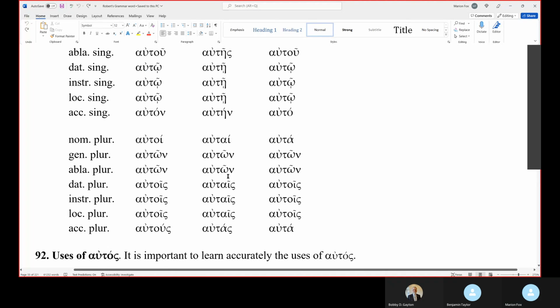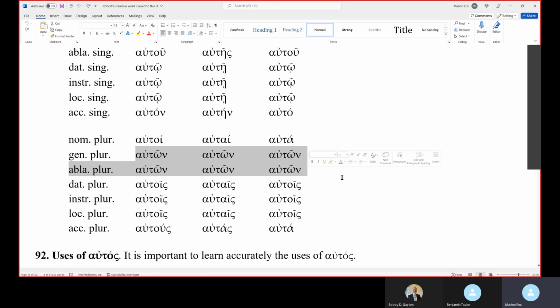All right. Now your plural, autoi and autai and auta, again, they're all different. But look at your genitive ablative. For all three genders, they're the same. Genitive ablative plural, autōn, are the same all the way across.